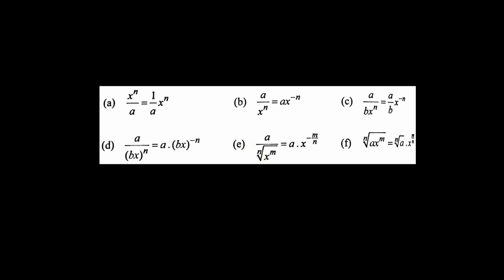Because it's in the denominator, we've got to make that negative, so it comes to the top and becomes minus m over n. Then F, a similar thing happening here, but now we don't have a denominator. So we take just the x to the m out. The a we can leave inside the surd because we're not differentiating the a. So the x to the m goes out and it becomes x to the m over n.